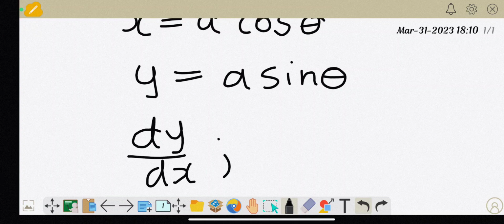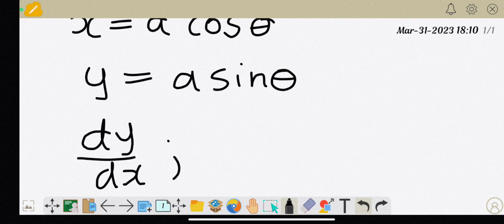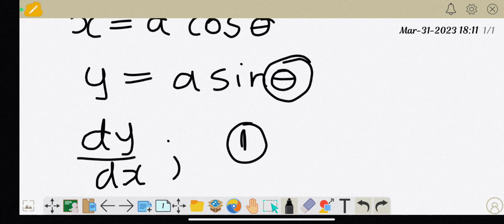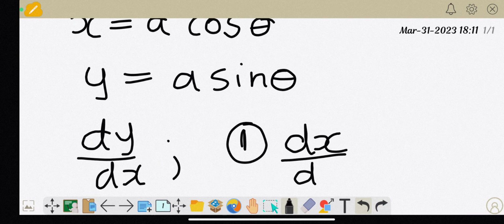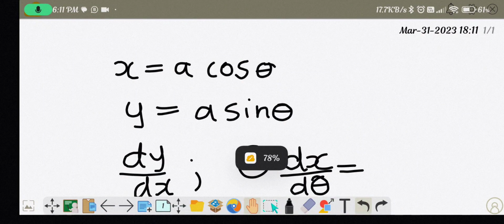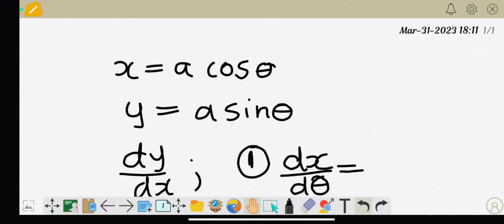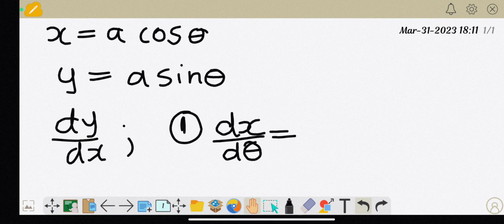First step, differentiate x with respect to the parameter. So what is the parameter now? Theta is the parameter. So find dx by d theta. A cos theta, cos theta's differentiation is minus sin theta. Yes, a is constant, so minus a sin theta.